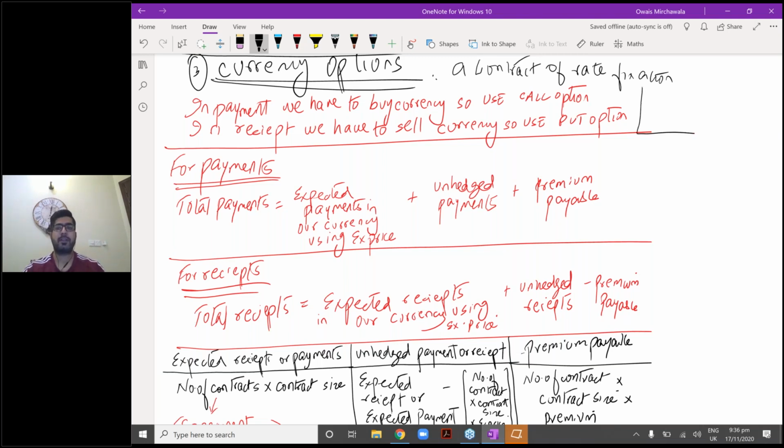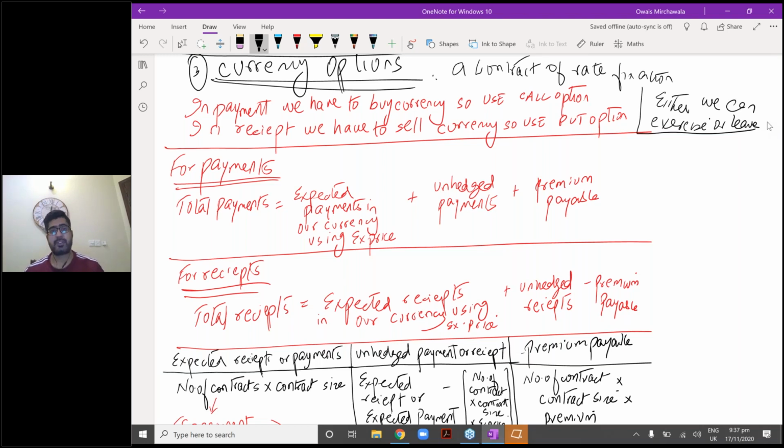In an options contract, currency options is also a contract of rate fixation. But if you fix a rate in a forward exchange contract, you have to take the contract under any circumstances, whatever your issue is, you have to fulfill that contract.